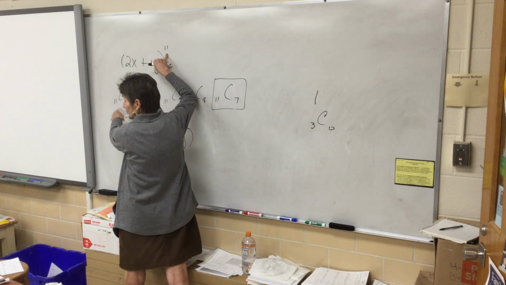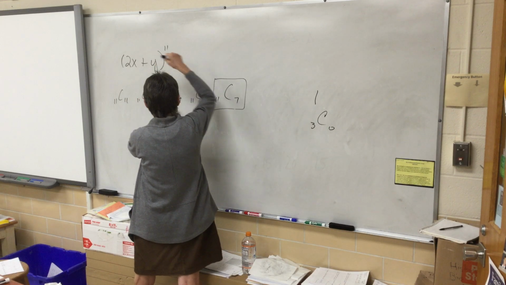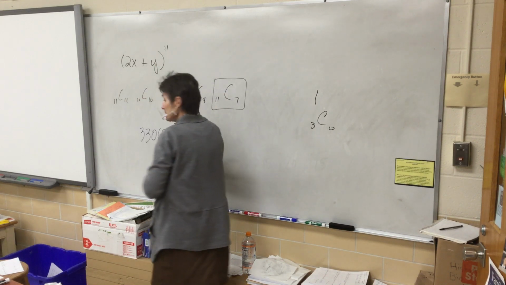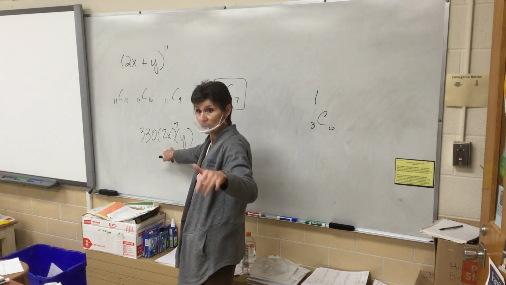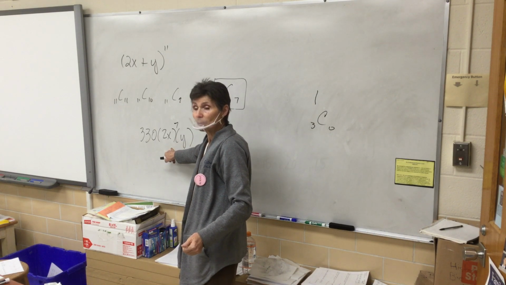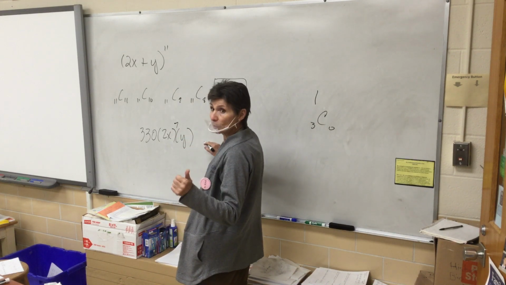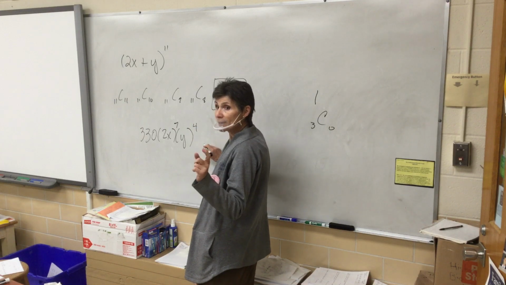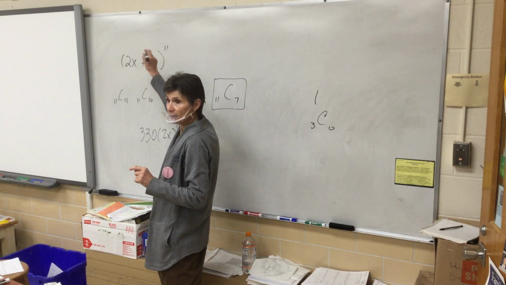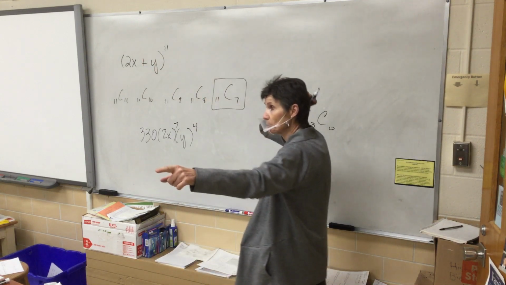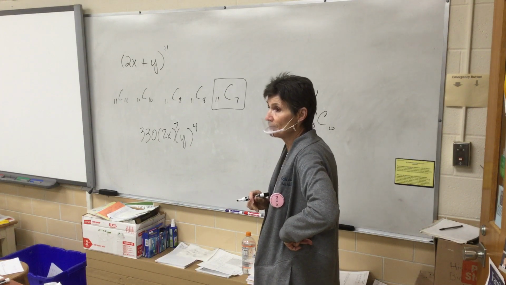So here, the power would be 11, 10, 9, 8, 7. Isn't that power going to be a 7 on that term, if I count down? The other one won't be 5, it will be 4. How do I know it will be 4? Because these have to add up to 11. Remember what I just talked to Princess about a minute ago? They all added up to 5 because we were doing a 5th expansion.